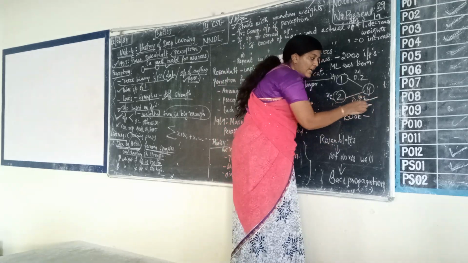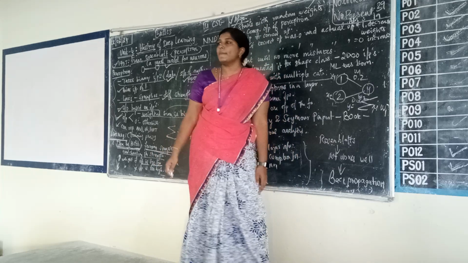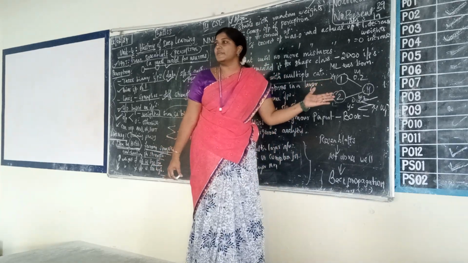So summation of xi into wi. Do you remember or not? Which is very simple, right?